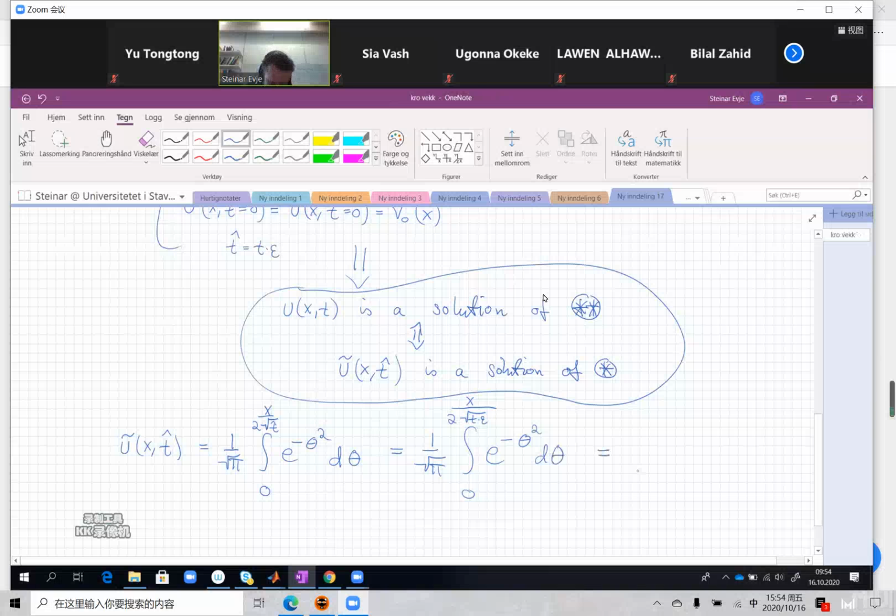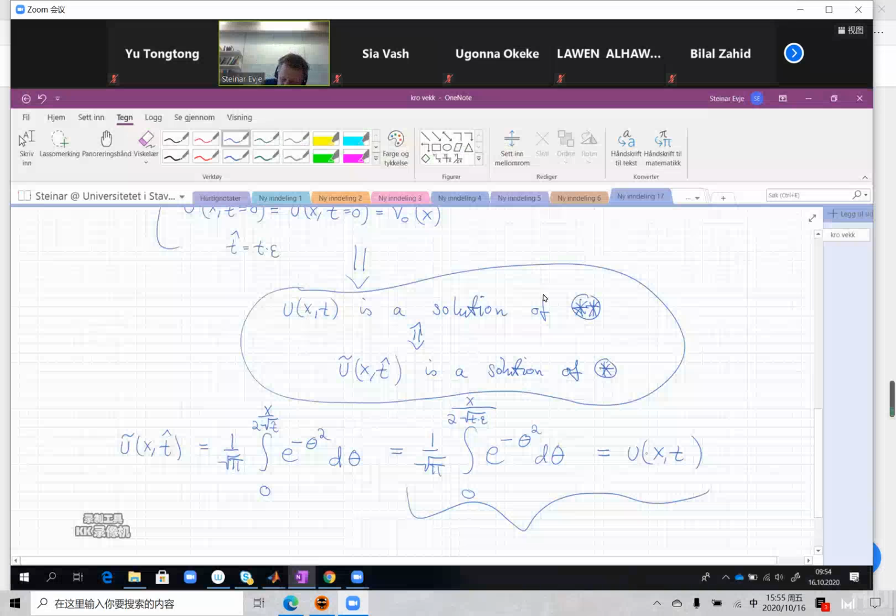And u tilde is the same as u of x, t. So this is the solution in terms of x and t.